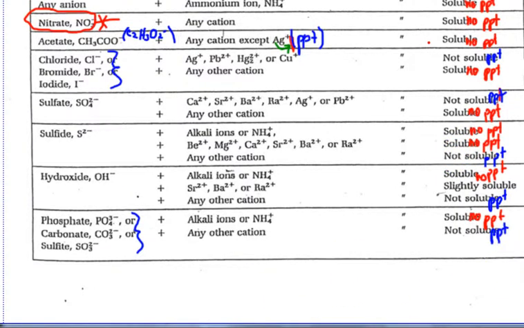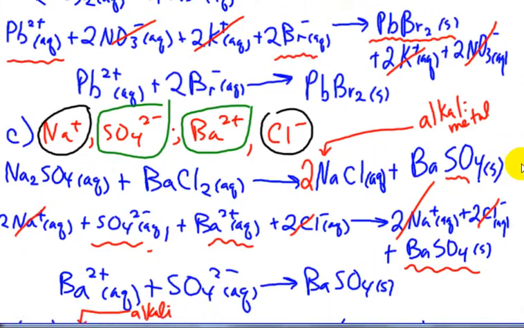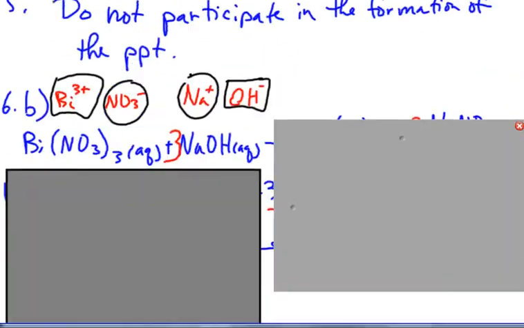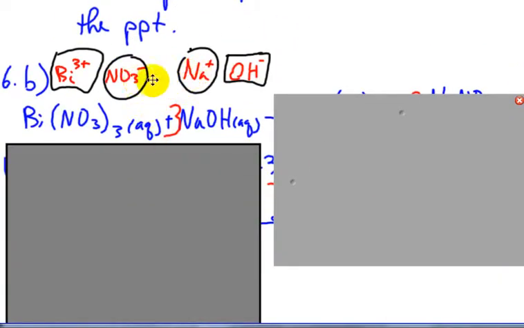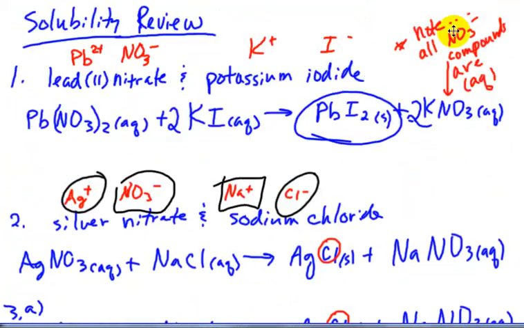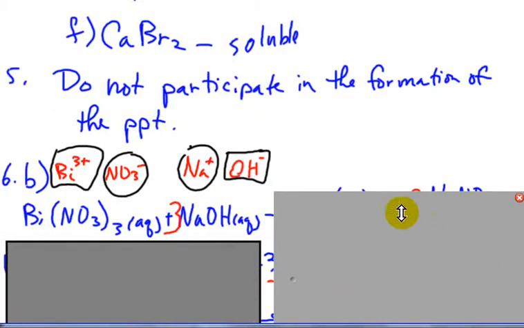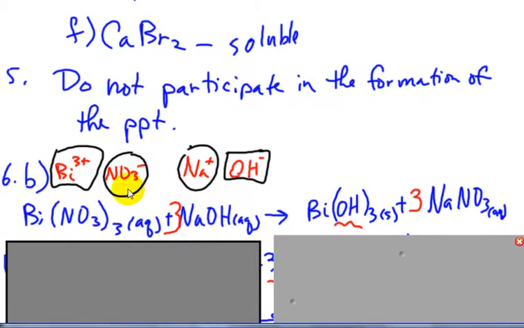That's the precipitate. And of course, if we look carefully here, the other combination, sodium nitrate, look at that, it's a nitrate. And if you recall up here, nitrates are soluble. So that tells us that bismuth hydroxide, and again, 3 plus, 1 minus, I have to have 3 hydroxides to balance that out.